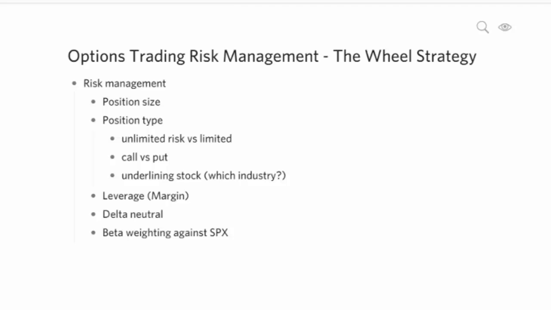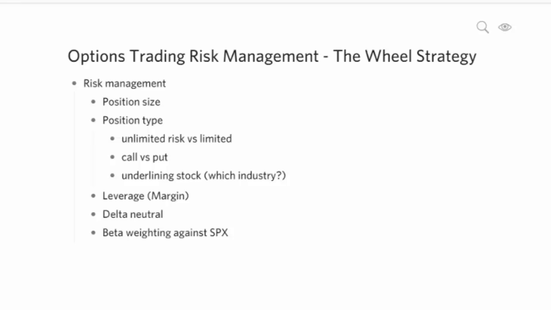Now the next one is position type. So obviously there are unlimited risk, limited risk, call, put, and depending on what kind of strategy you're trading, the position type that you select could be different. And with the wheel strategy, we are selling puts, which are obviously covered by the cash that we have in the account.